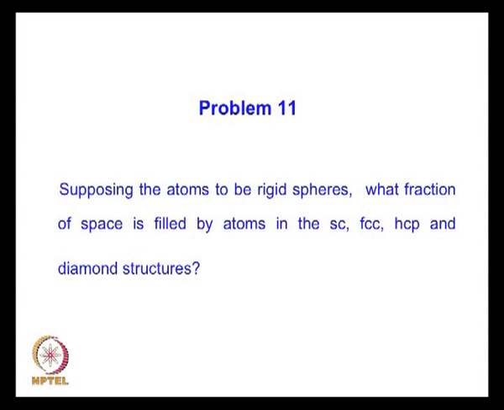Next problem talks about atoms which are treated as rigid spheres, and then we are asked to calculate the fraction of space filled by atoms in different structures. This fraction is usually known as packing fraction.